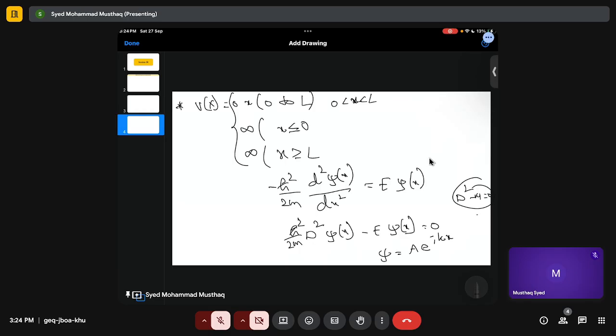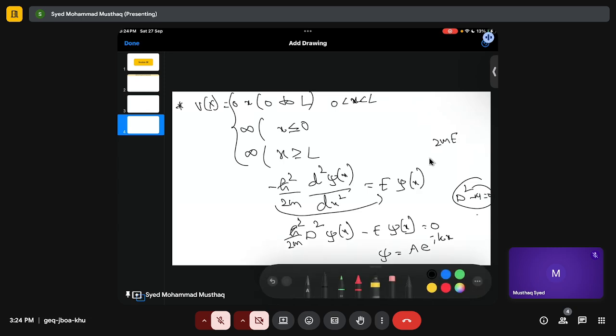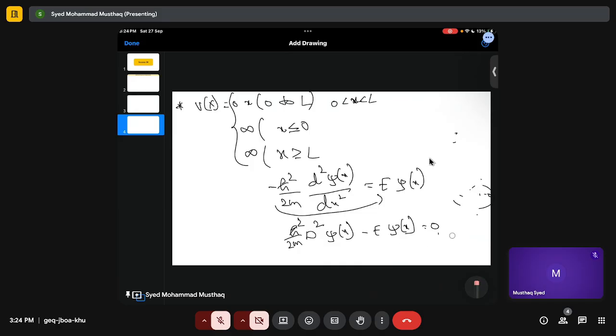It is simple. If I put everything on this side, then I will write the whole equation again here. d squared psi of x equals minus 2mE upon h bar squared times psi of x.